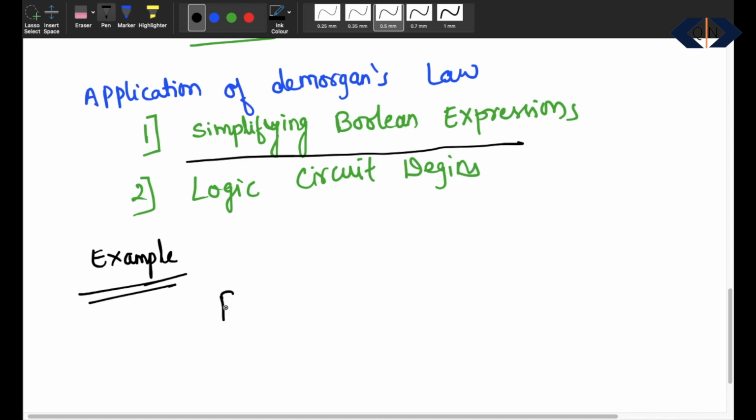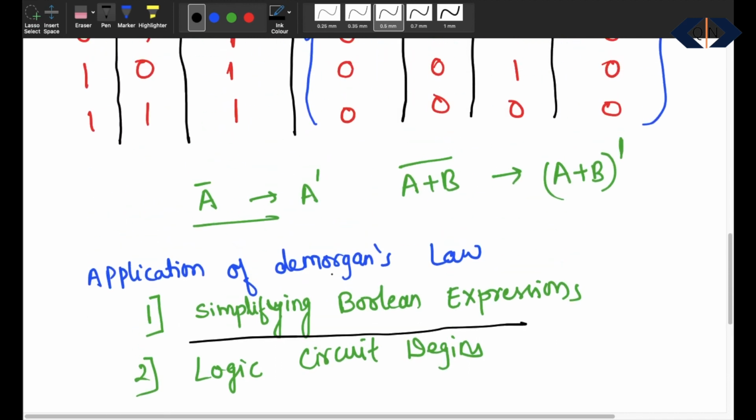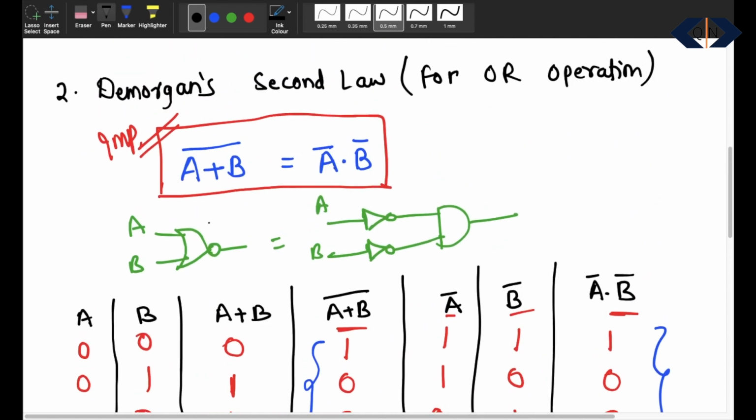Suppose we have a circuit (A plus B) bar. Although this is very simplified, can we change its form? Yes, we can do it by using De Morgan's second law. Right?